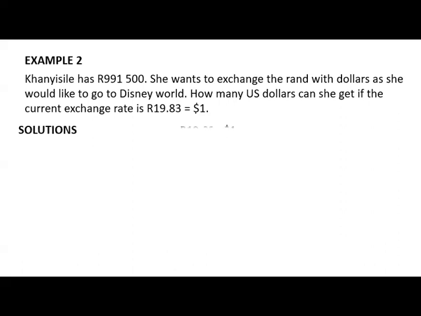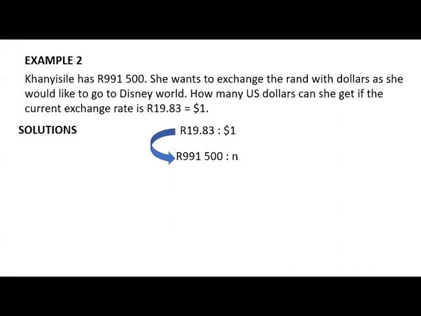Now, what's going to happen here is that we will simply say 19 rand 83 is to $1 and write it as a ratio with 991,500. So to move from 19 rand 83 to 991,500, we basically multiplied it by 50,000.